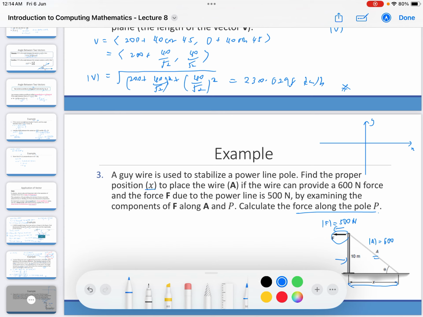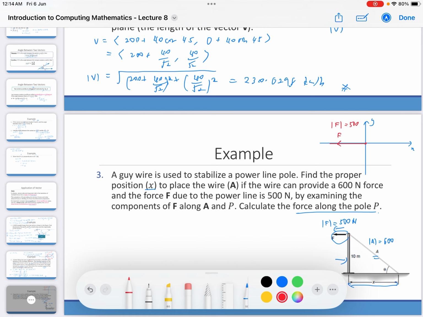Let's draw the force. The initial point will be at the origin, so we have this force, and the magnitude of F equals 500.